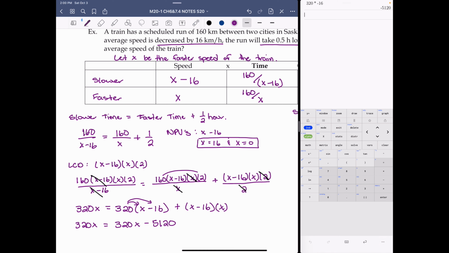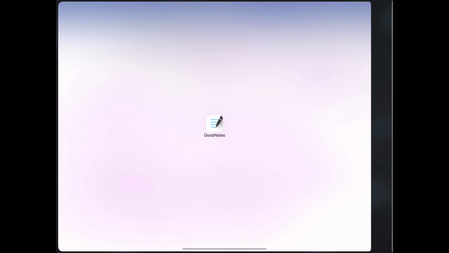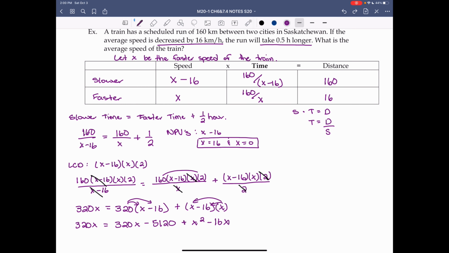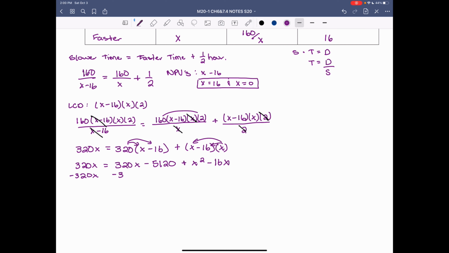And then we want to multiply the x into this set of brackets plus x squared minus 16x. Let's subtract 320x from both sides. This is 0 and this is 0. So we have 0 equals, let's write it in standard form, x squared minus 16x minus 5120.